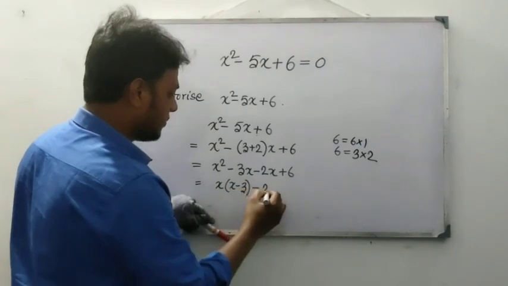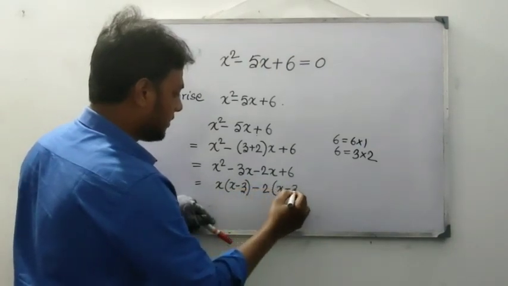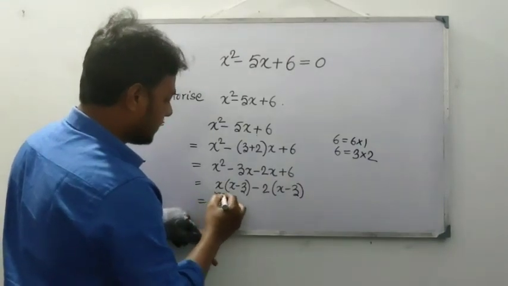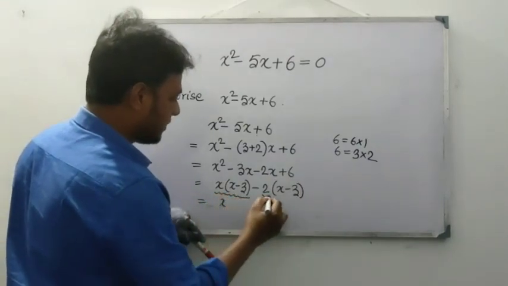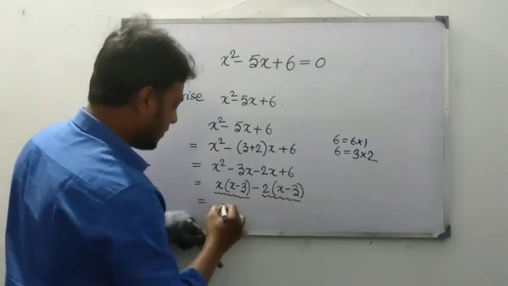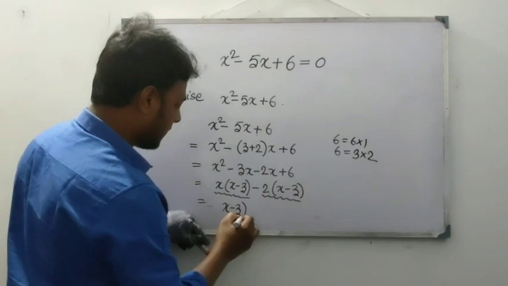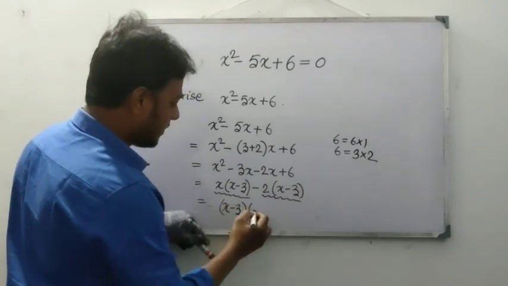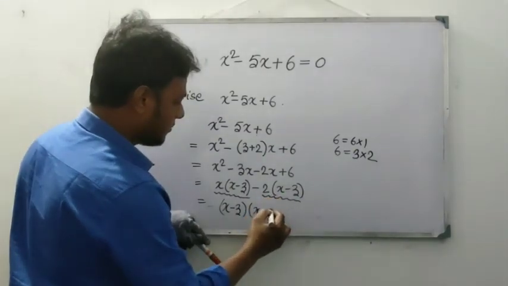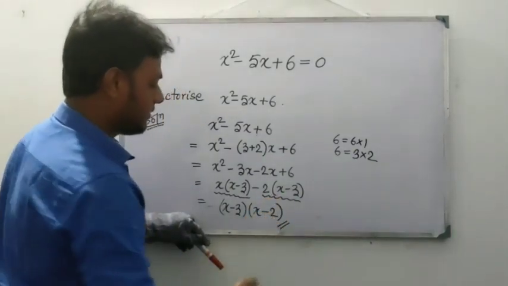If you take common 2 here, then it will be again x minus 3. That implies there are two terms, this is one term, this is one term, and in between these two take common x minus 3. Then the rest of the first term is x, and minus is there, and this is 2. So this is the complete factorization.